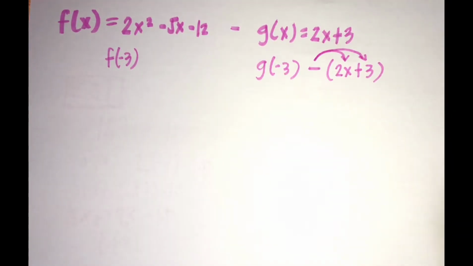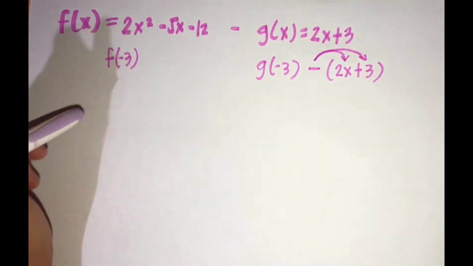Letter B, quantity of f minus g of negative 3 equals f of negative 3 minus g of negative 3. We just have to repeat the same steps, but this time the operation is subtraction. We have to replace all x's with negative 3.